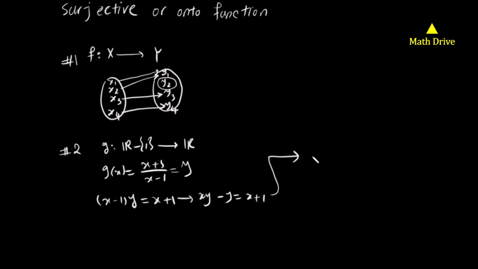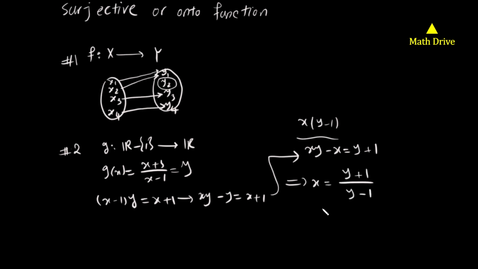Continue here, it's going to be xy minus x is equal to y plus 1. And this is going to be x(y minus 1). So x is equal to (y plus 1) over (y minus 1).